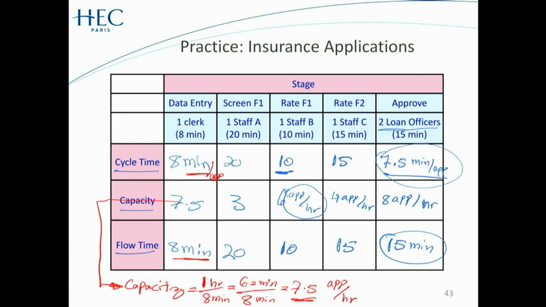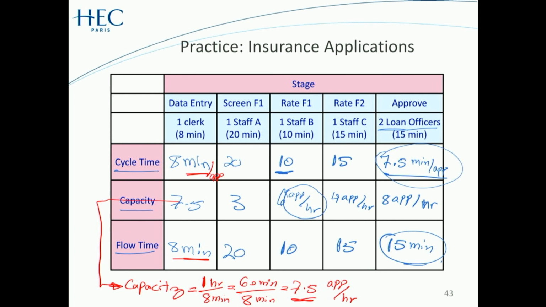Another way to calculate this is we could say, because each application is going to take 15 minutes per loan officer, we are going to have 4 applications per hour per loan officer, and that gives us 8 applications per hour.